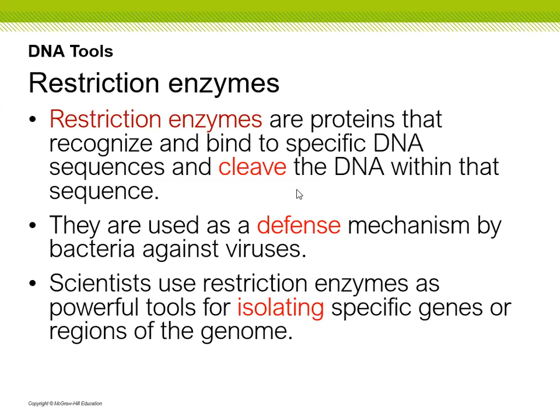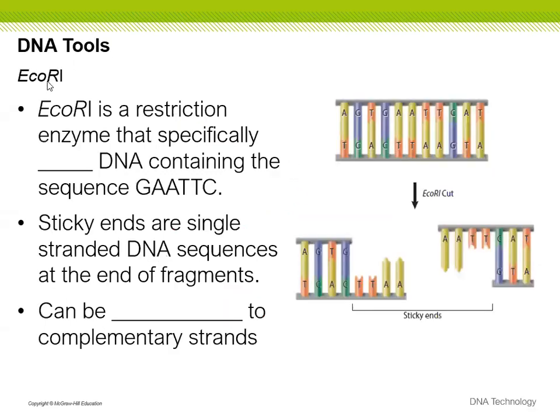So we're going to start looking at some of these enzymes. One of them we call EcoRI. This is an enzyme that specifically cuts the DNA sequence GAATTC.